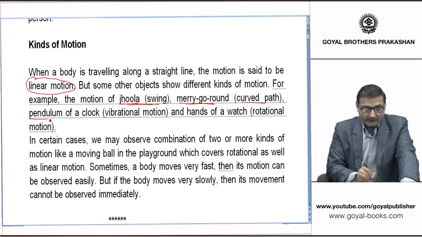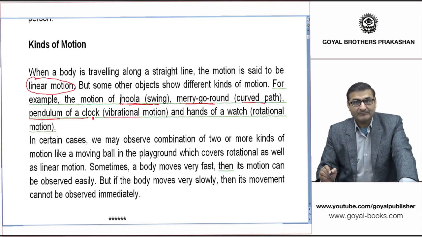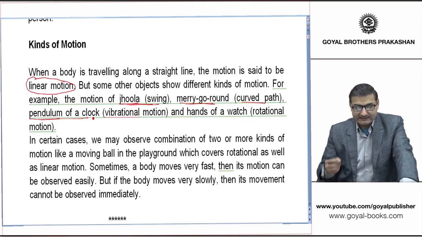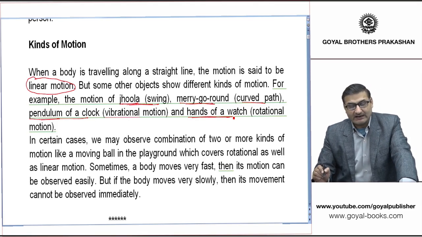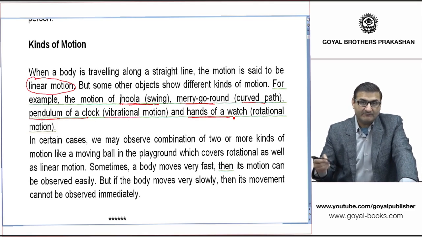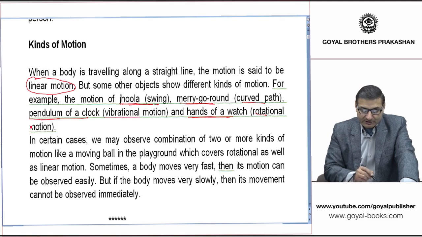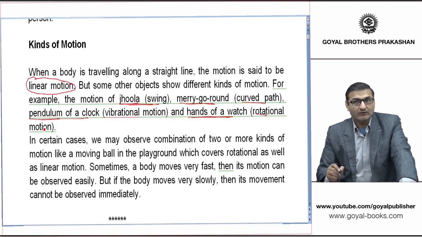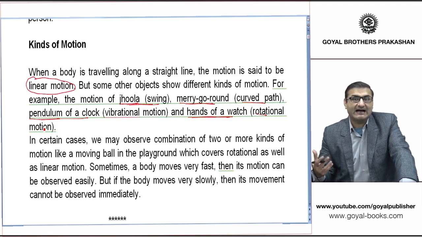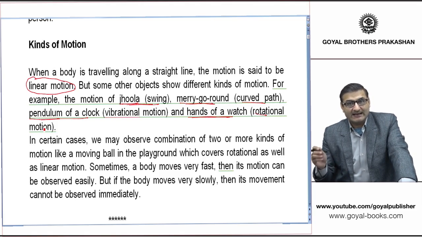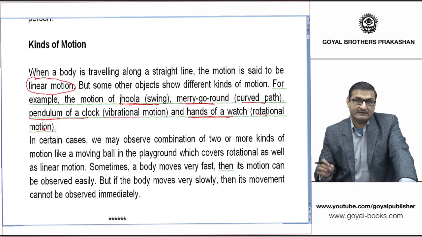When I talk about the pendulum of a clock, it is yet another type of motion, that is vibrational motion. Or if I talk about the hands of a watch, that is altogether different, which we term as rotational motion. So we see that there are different kinds of motions exhibited by different objects.